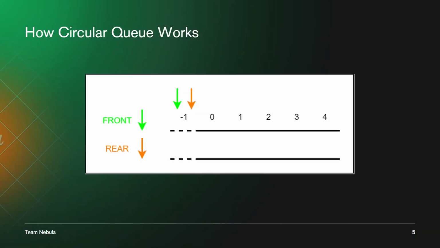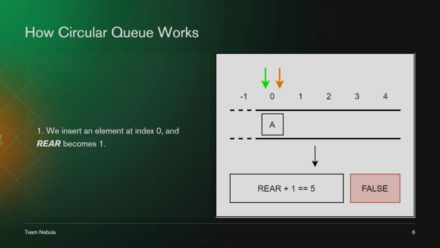So let's see it in action with an example. Suppose our circular queue is empty and we want to insert an element at the rear position, which is initially at index 0. We insert an element at index 0 and rear becomes 1.